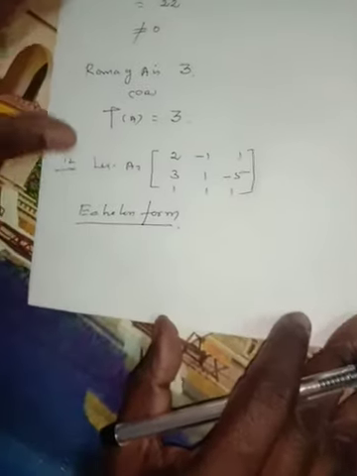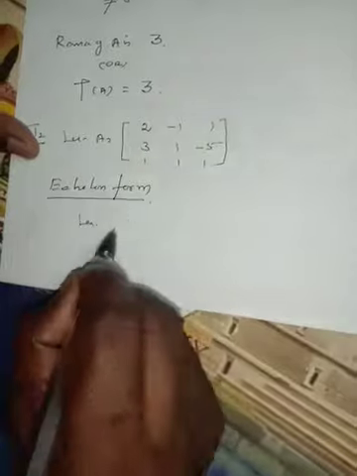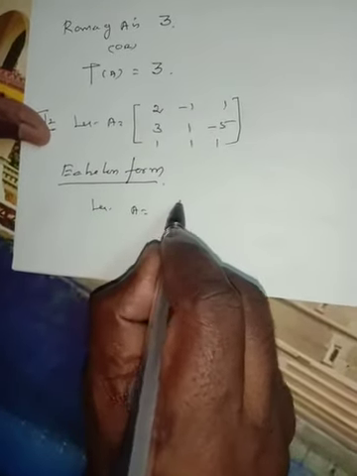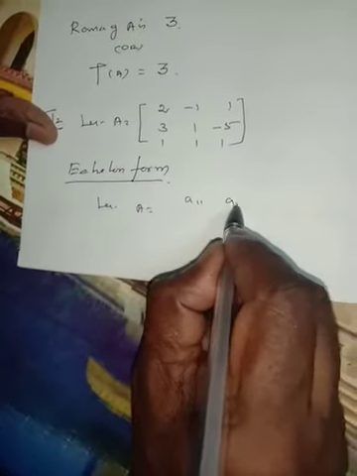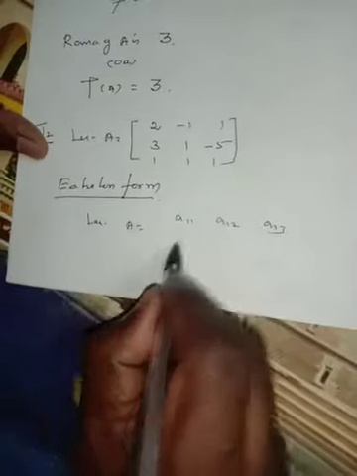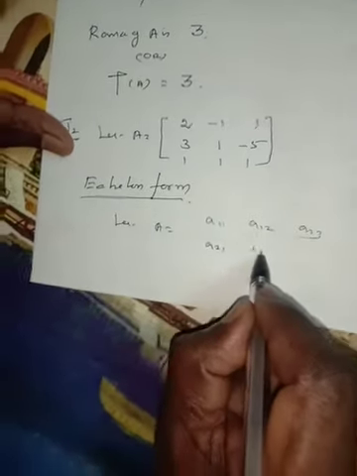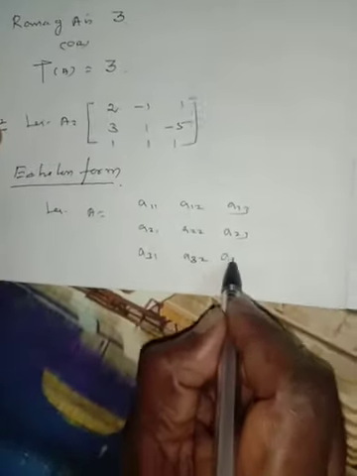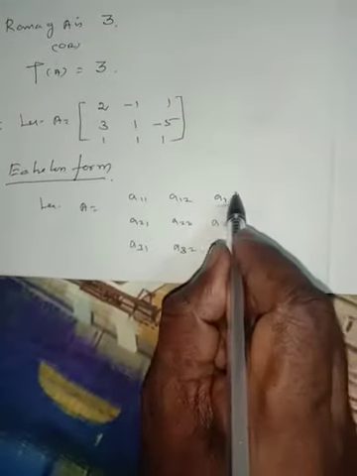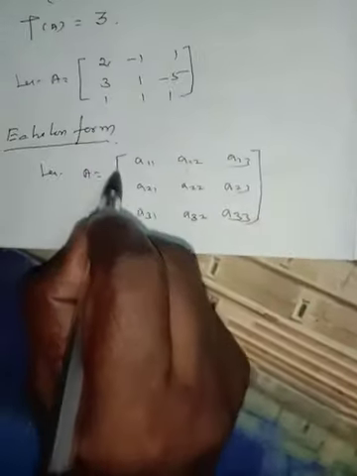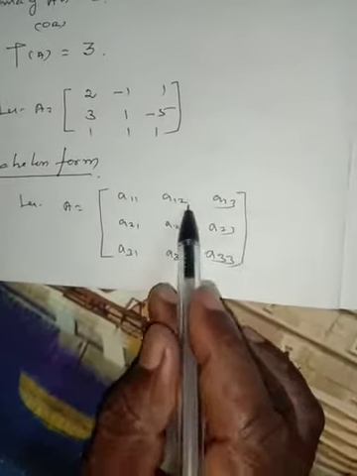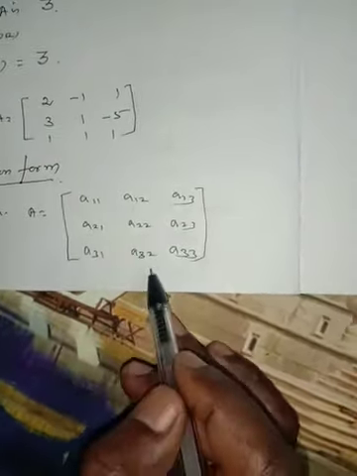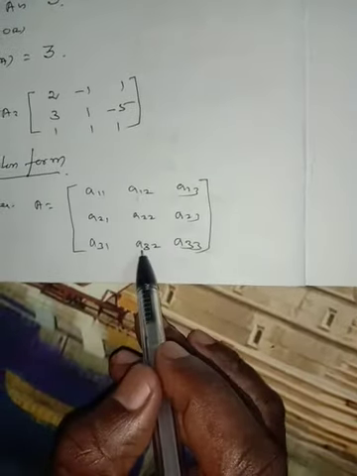Introduction of echelon form. Let capital A is equal to A11, A12, A13, A21, A22, A23, A31, A32, A33. Using some rules, interchange first row and second row, or second row and third row, or first row and third row.